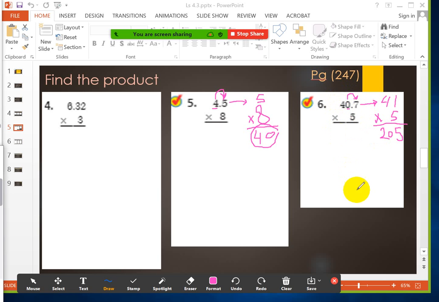Yes, Larissa, could you please help me to multiply 40.7 with 5? With pleasure. 7 times 5 is 35. We regroup the 3. We will put 5 here, and 3 above the 0. Now, 5 multiply 0 is 0, plus 3, 3.